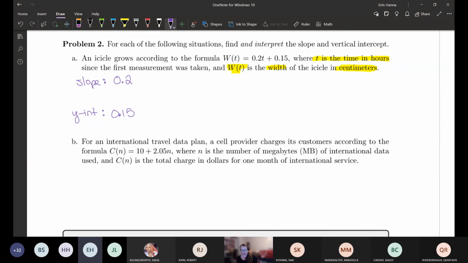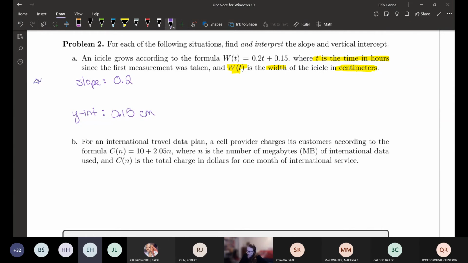Now, let's get units on that before we try to interpret these. So let's look at the y-intercept first. The y-intercept is going to be a y value, or a W(t) value in this case. So those are centimeters. So this would be 0.15 centimeters. Now the slope is a tiny bit tricky if you don't think about it in the right way.